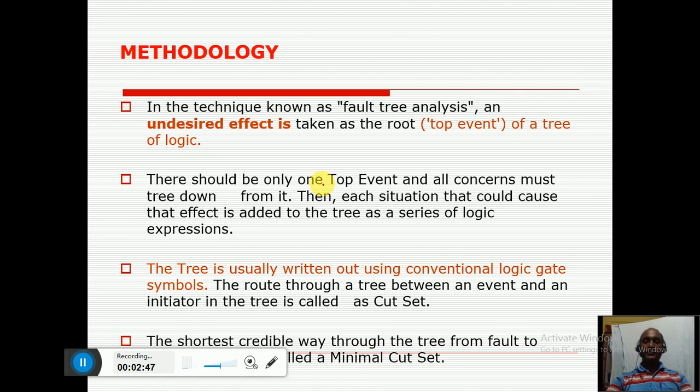Then we have to analyze why the lathe machine is not working. It may be due to the non-functioning of the headstock, or the carriage, or some other conditions, like electricity being cut off and the generator also not working. There are different causes, but the top event is that the lathe machine is not working.